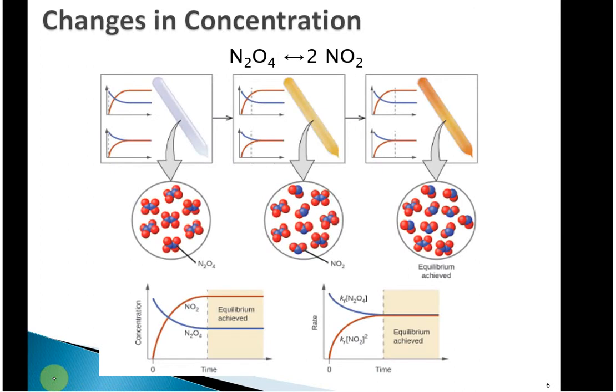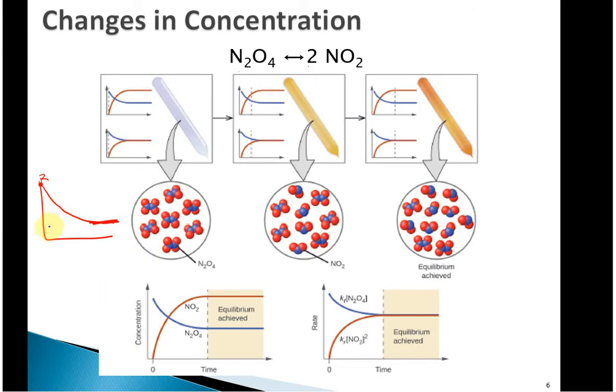So here, we've got dinitrogen tetroxide reacting to form 2 moles of nitrogen dioxide. Just like when we were talking about kinetics, you start off with all reactant, and over time that deteriorates, and eventually you become constant.